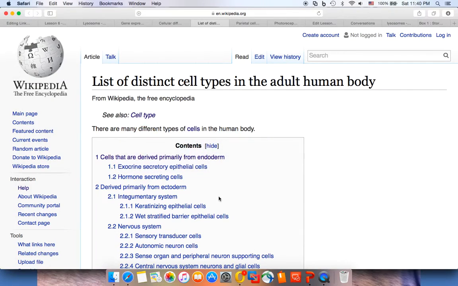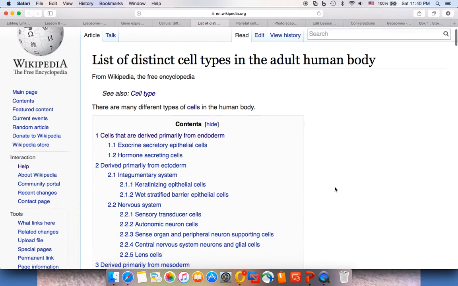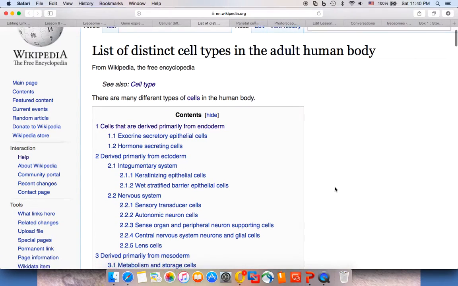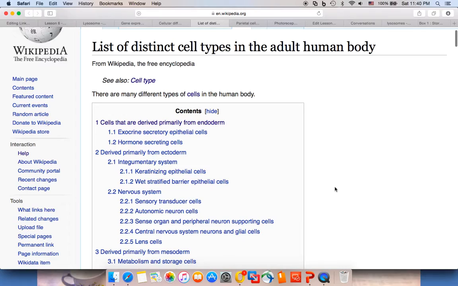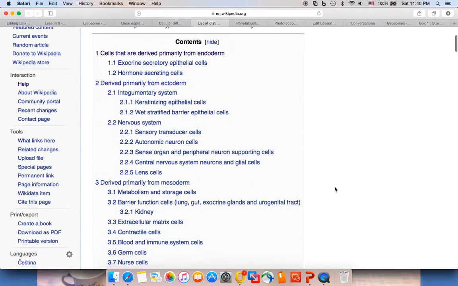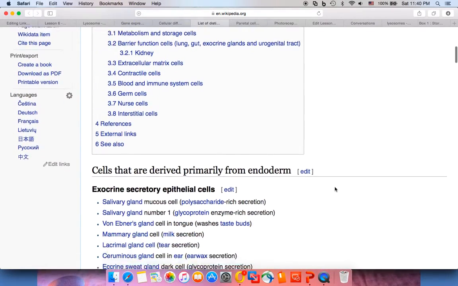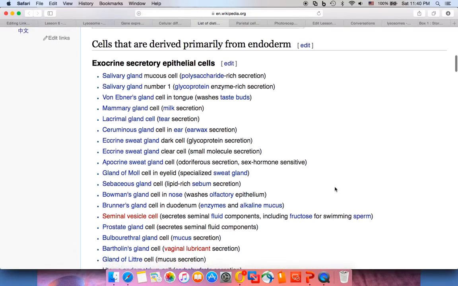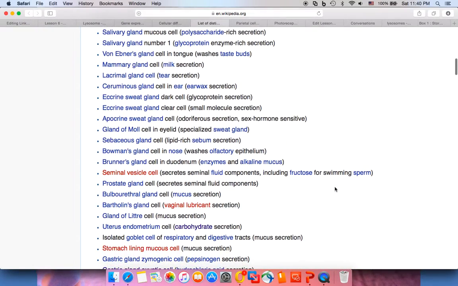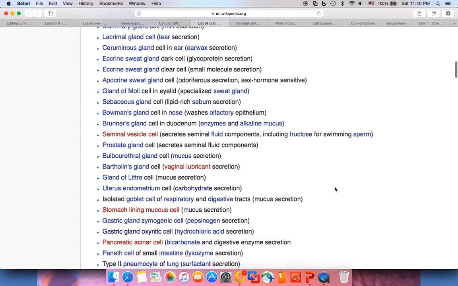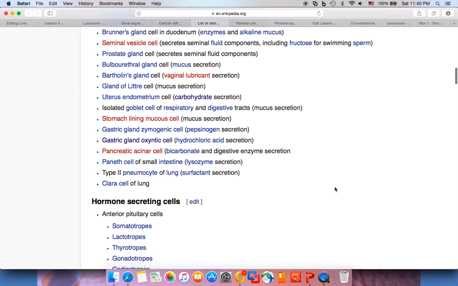I'm going to go now here to an article in Wikipedia. This one has the list of distinct cell types in the adult human body. Okay, and just see the huge list of different types of cells that are in the human body.